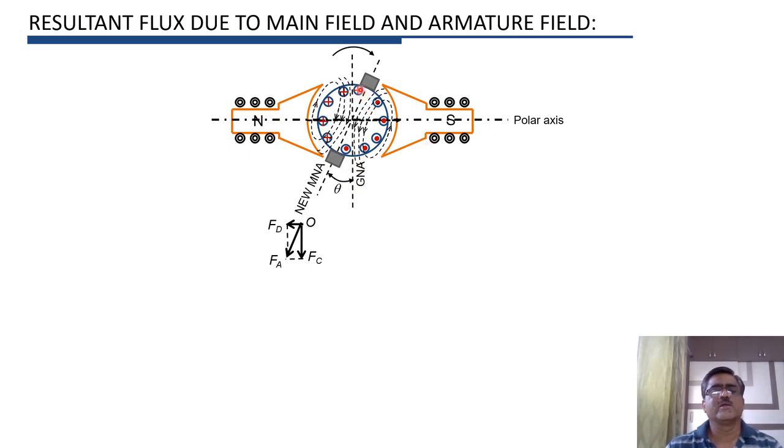So for this current, the direction of current was previously outward, but now it is inward. And for this conductor, previously the direction of current was inward, but now it is outward, and therefore this armature flux is now symmetrical about the new magnetic neutral axis, and therefore the armature flux can be represented by this vector OFA.